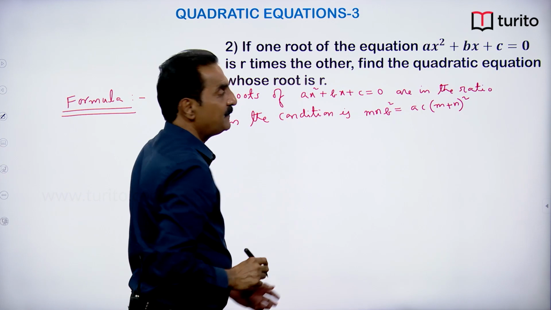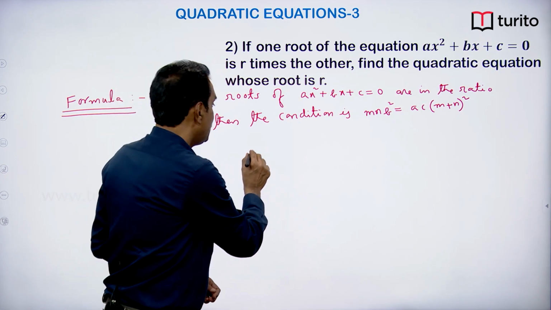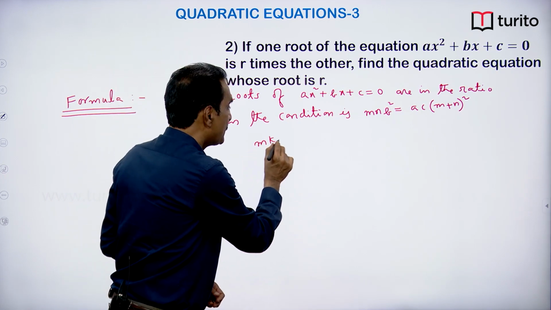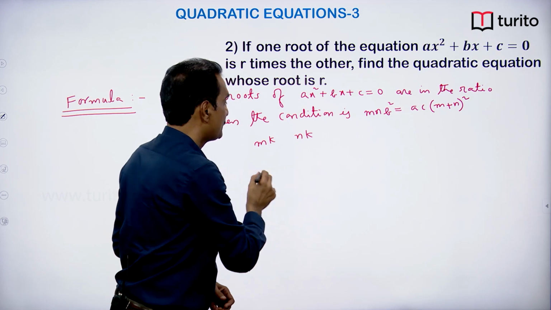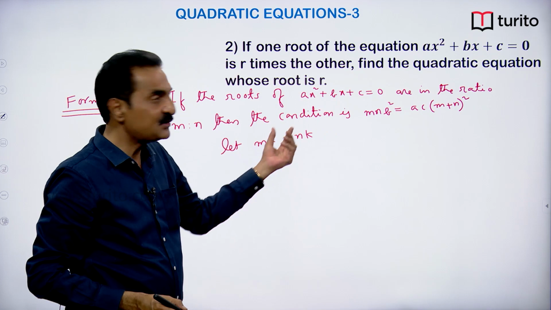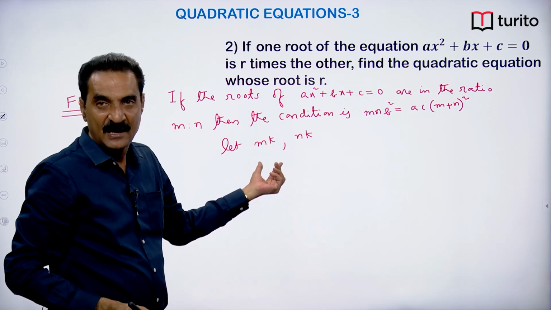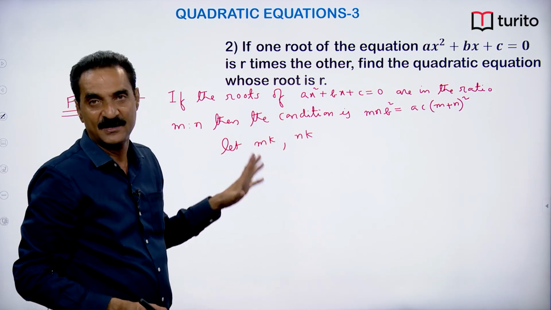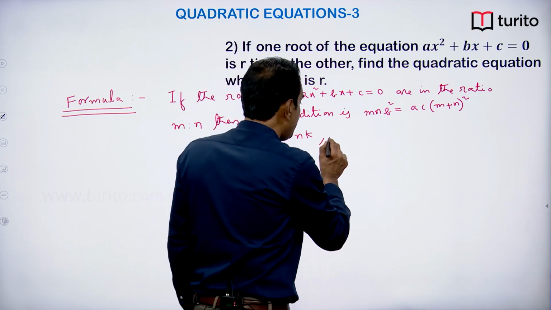Let the roots be mk and nk, because they are in the ratio m is to n, so we can take the roots as mk and nk, so ratio is m is to n.